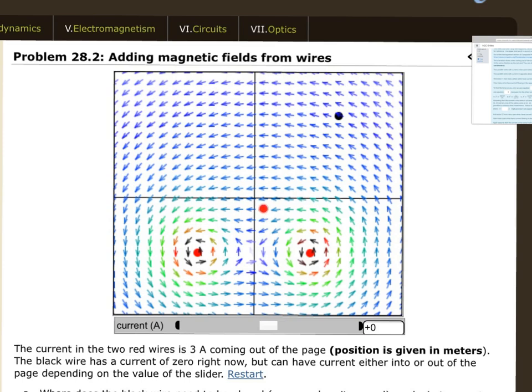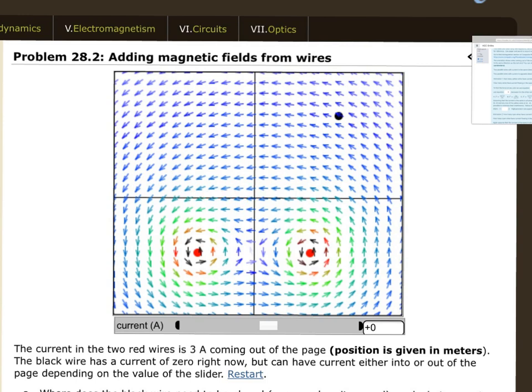Circulating this way, so the wire on the left has a field like that, tangent to the radius. It's a circle, right? And this wire has a field like that. So you can see that there's two vectors, one this way and one this way. The y component here is going to cancel the y component there, and the two x components are going to add, giving you a field this way, and that's what you need to calculate.